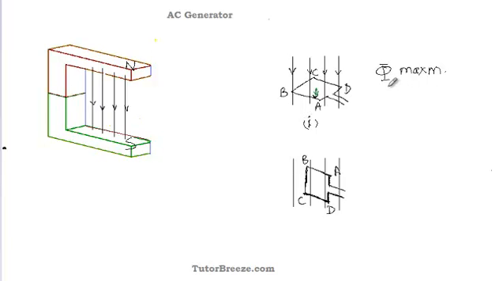This means the angle theta between the area vector and the magnetic field is 0, and cos 0 is 1. Looking at the expression for phi, which is N B A cos theta, since theta is 0, flux phi is maximum.